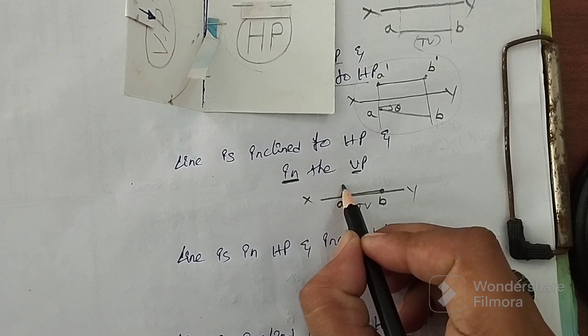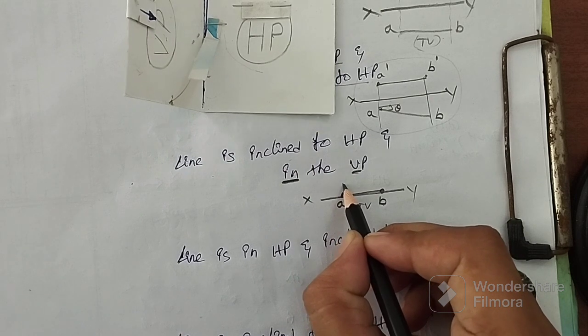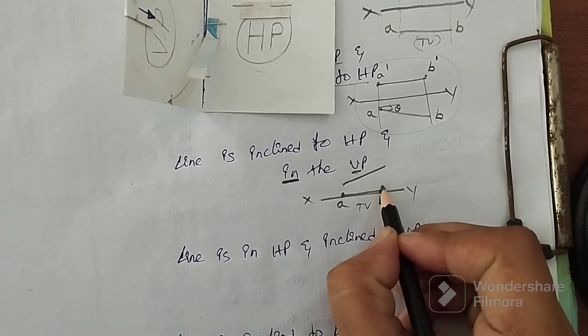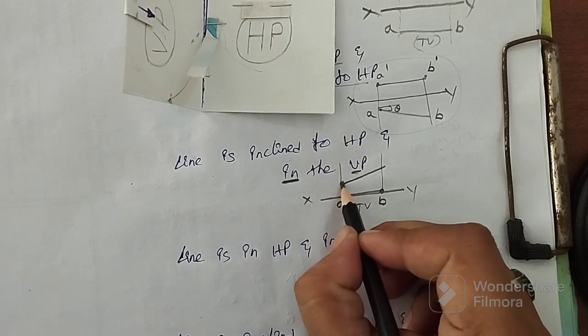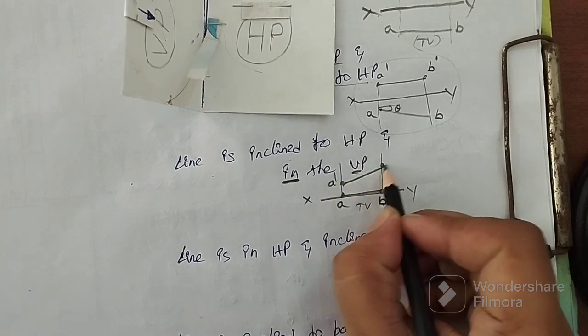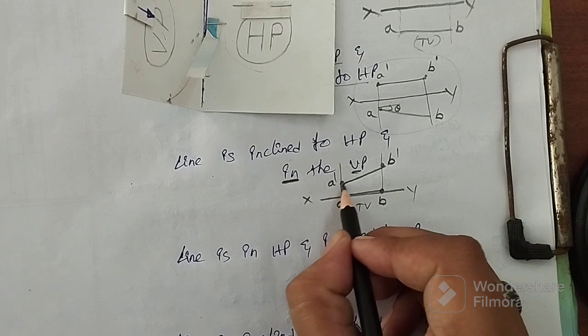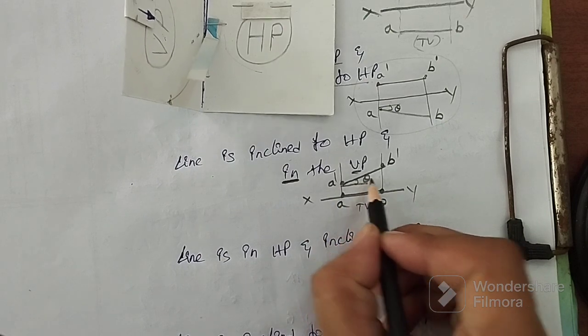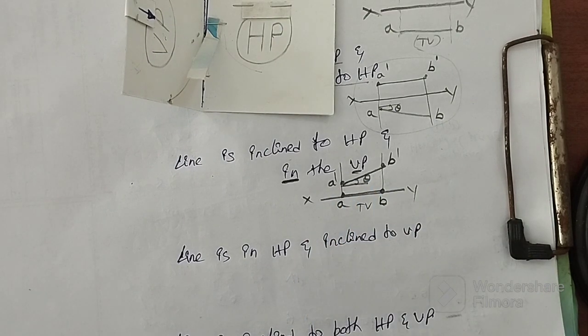So from a certain distance we'll have inclination. This will be my A dash comma B dash, with whatever inclination they give in the question.